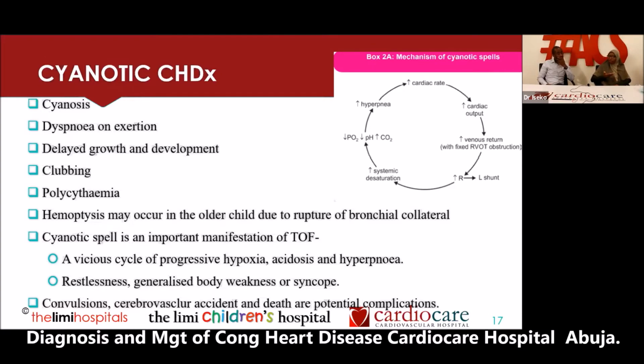The mother could compare with the other siblings, like this child is not growing the way the older siblings should grow. And for the infants, the mothers could notice that after the child has cried, there is an increasing bluish discoloration of the lips and the nail beds, and this could heighten the suspicion of TOF in such children.